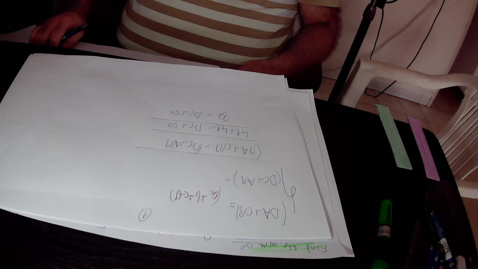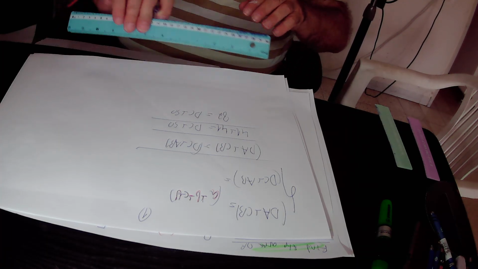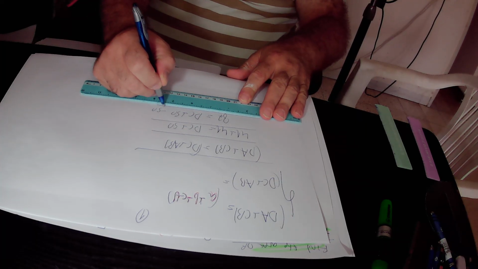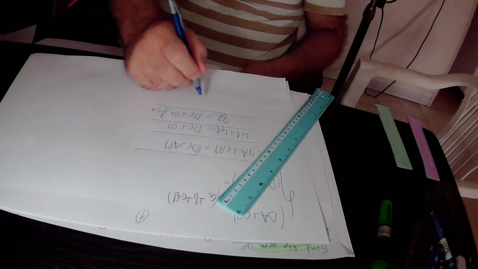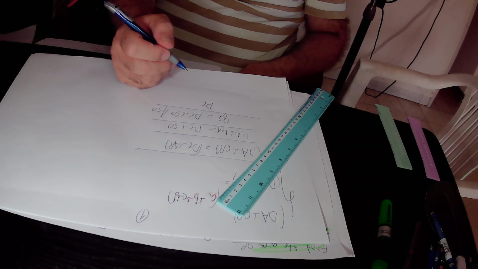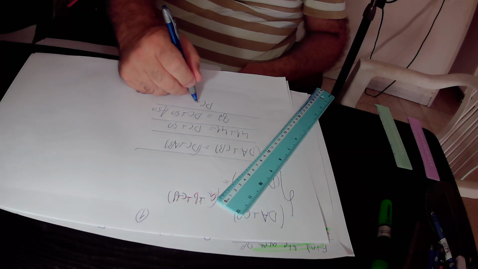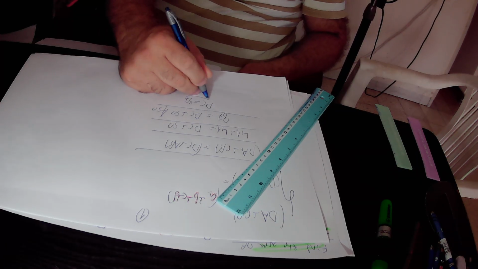Here we will subtract 50 from this equation, and we get that DC equals 82 minus 50, which is 32. So DC equals 32 units in its length.